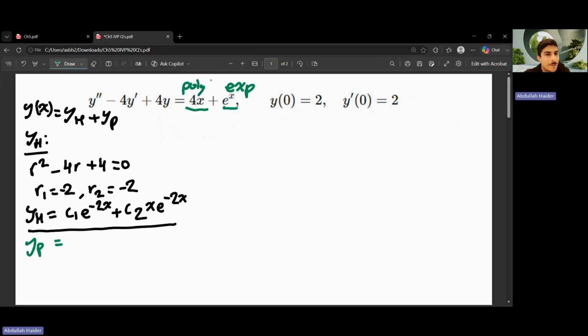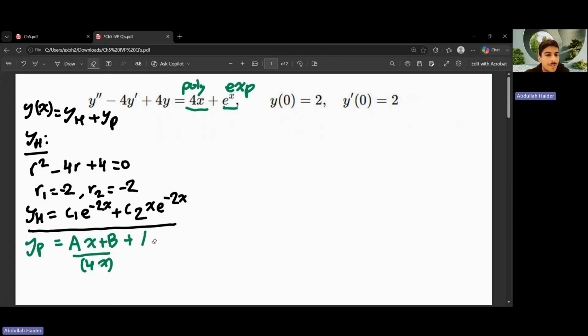The highest degree polynomial expression. So you have an x over here, meaning the expression should be ax plus b, and the exponent, this is basically the y_p for 4x.